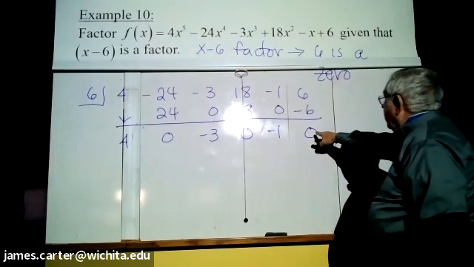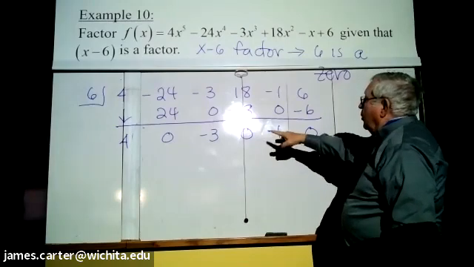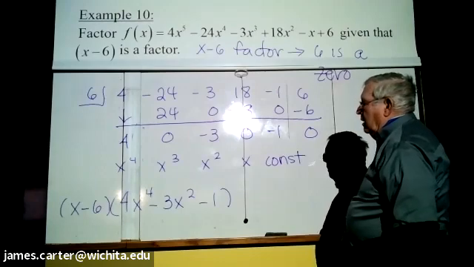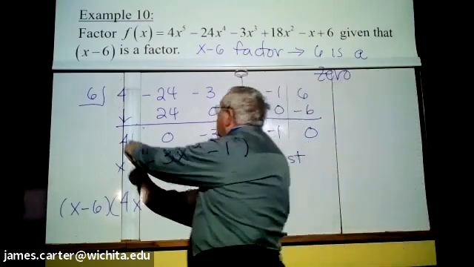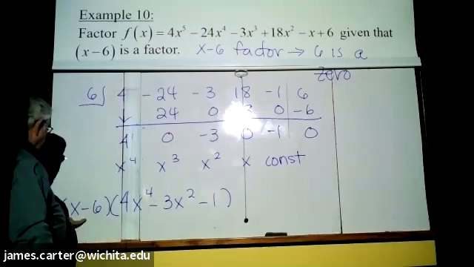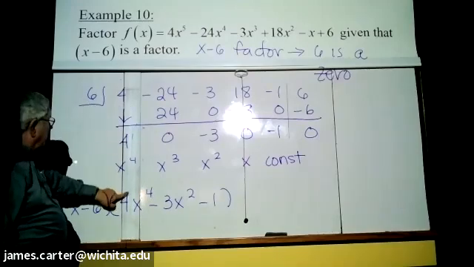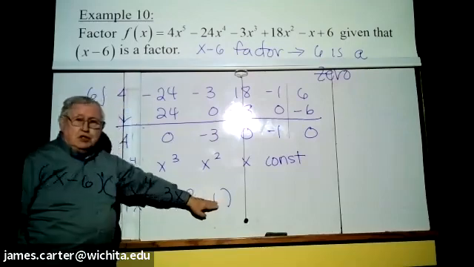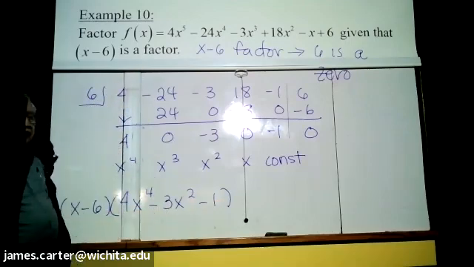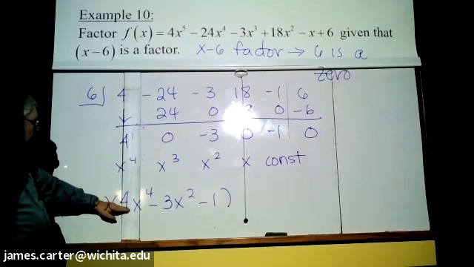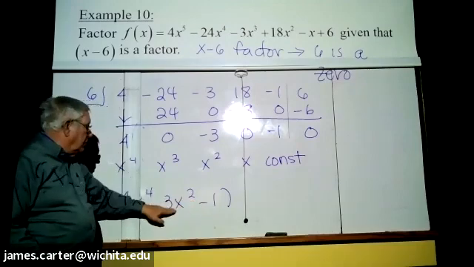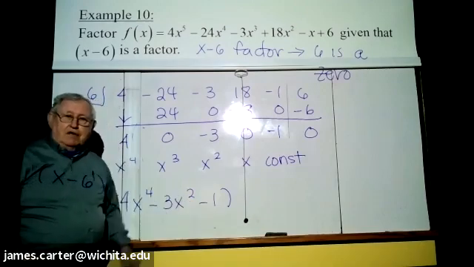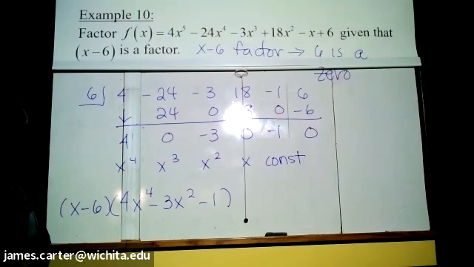In this case, it works. And it drops this thing down by 1 factor. So what that tells us is that x minus 6 times this reduced by 1 power equation are true factors. Now we would take this equation and try something that has a 1 in it, or a positive or a negative 1, okay?